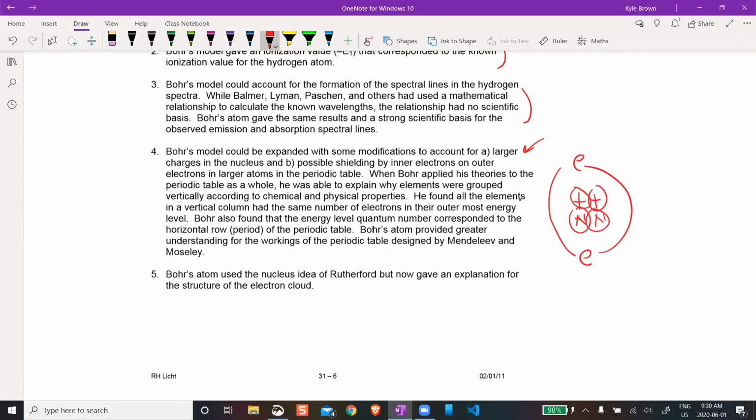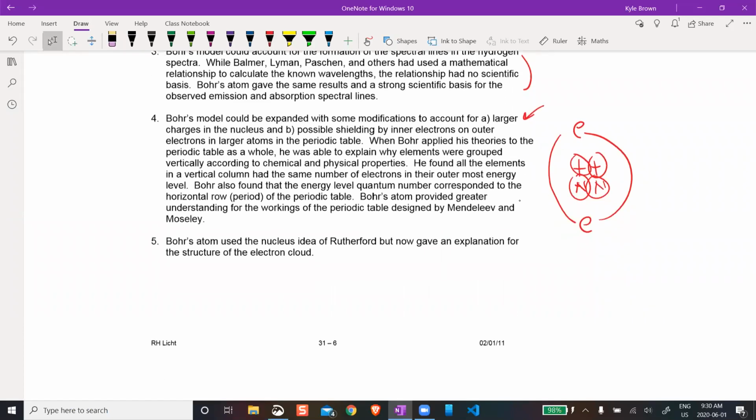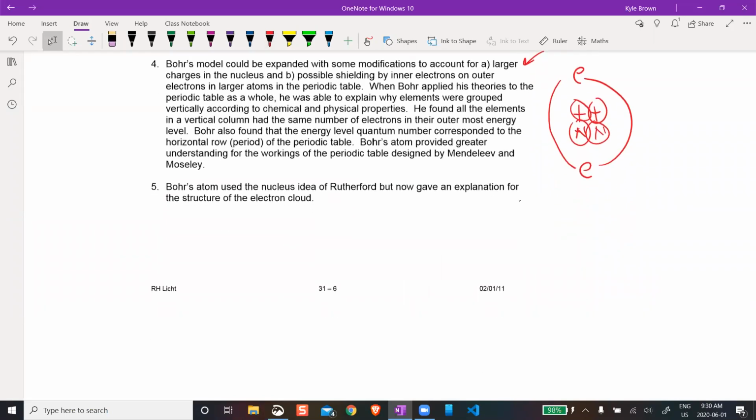So with some modifications, you could do a little bit of calculations to figure out, okay, what would the energy level be if you had 2 electrons in there? It wasn't great yet though. Some things kind of fell apart there, especially when you started getting to really big atoms. There was still a lot that wasn't known about bigger atoms, but it was on the right track, right? Things were looking promising. And then Bohr's atom used the nucleus idea from Rutherford, so it had most of its mass at the center.